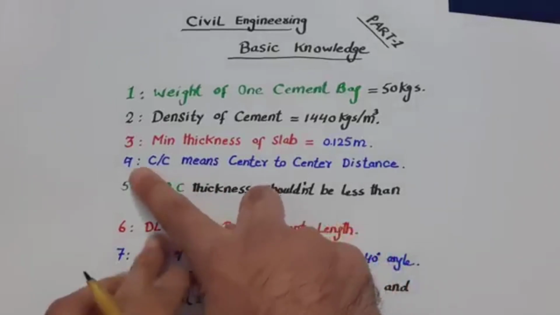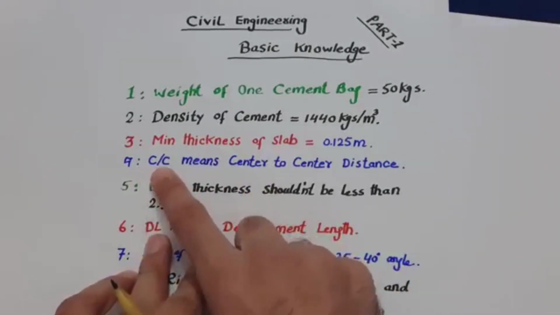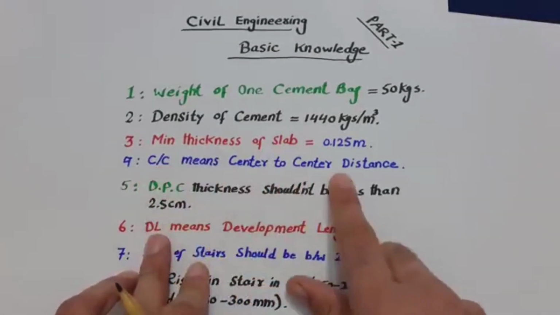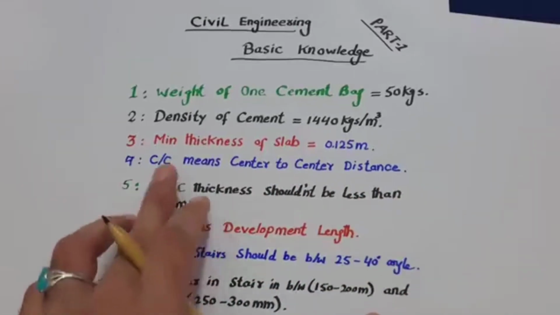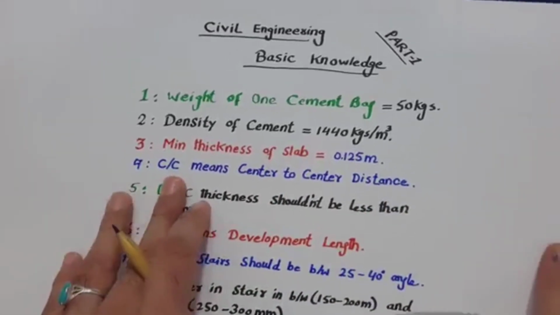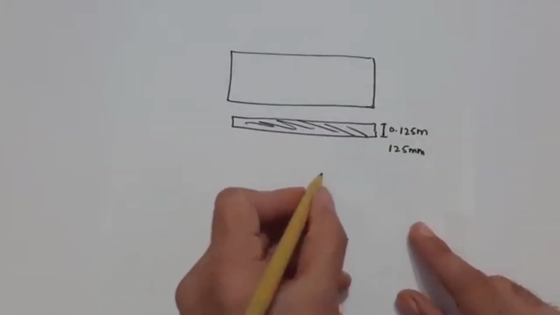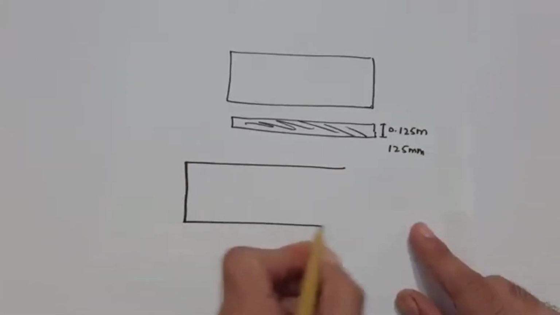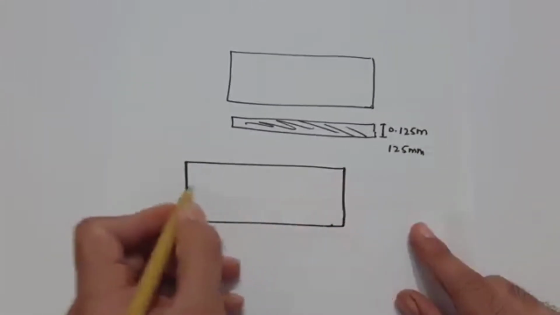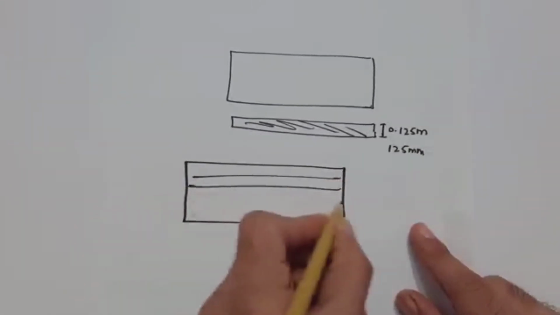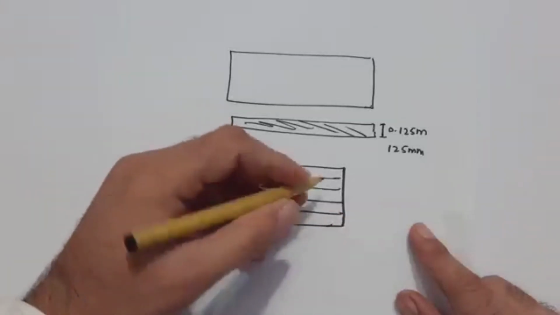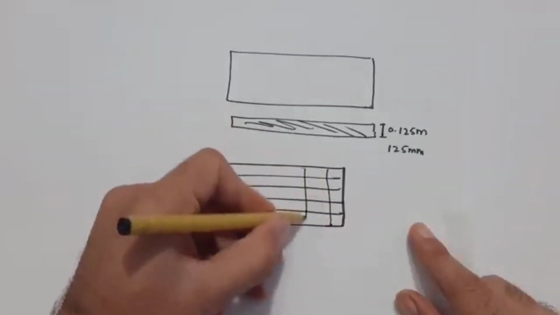Next, guys, you can see the fourth one is C/C, means center to center distance. C/C especially we are using in design for the slab or for any RCC members. Like, guys, you can see this is slab, so we are providing main bars and distribution bars. These are distribution bars and these are main bars.